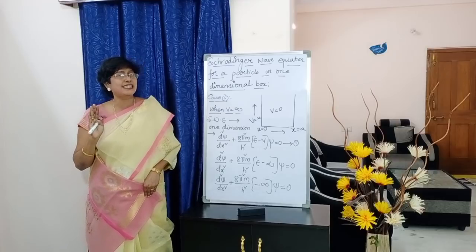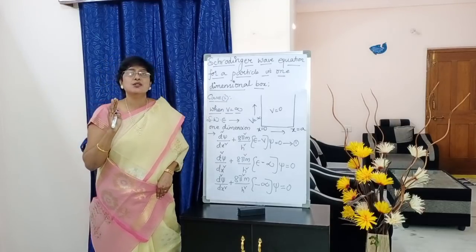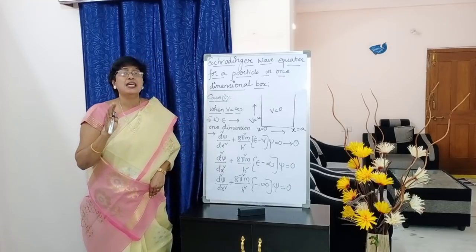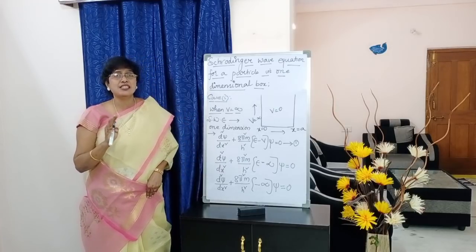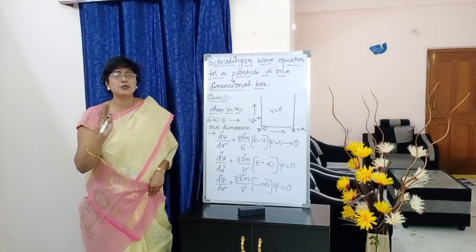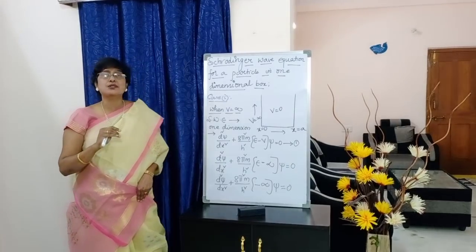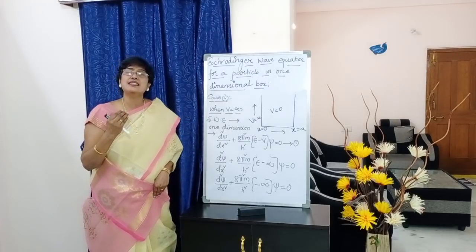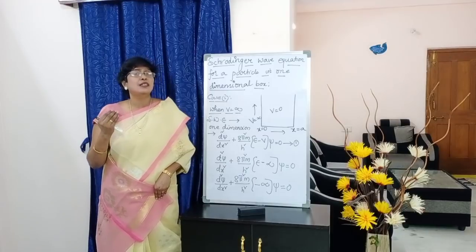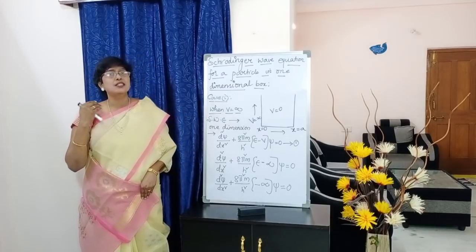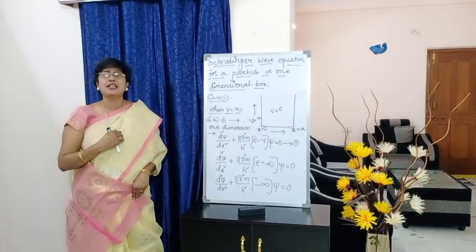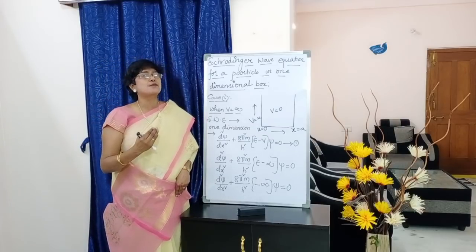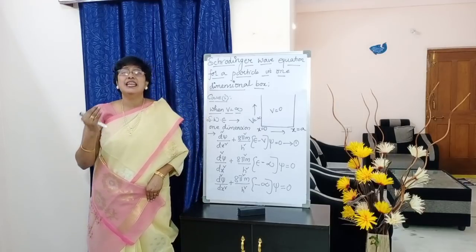Okay, students, this is the introduction. We have taken a one-dimensional box, and we are assuming a free electron restricted to move in a region of space x is equal to 0 to x is equal to a. Inside, we consider the potential energy of the free electron to be 0 for our convenience, and outside the walls and on the walls we assume it to be infinity.